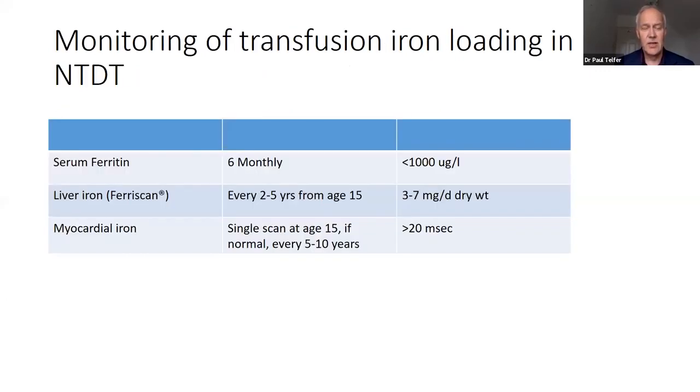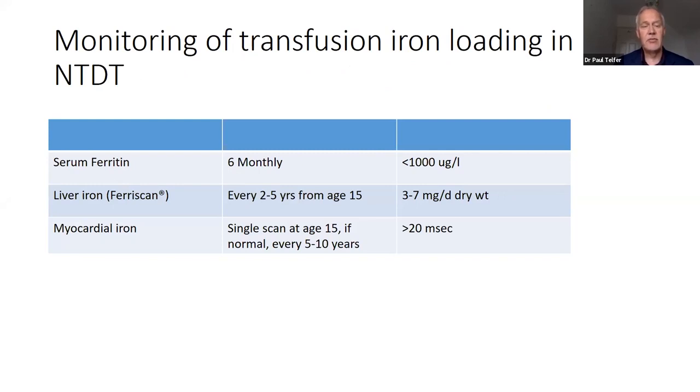Next slide. So in the same way that I gave some guidance on transfusion-dependent thalassemia, this would be the suggestion for non-transfusion dependent thalassemia. Serum ferritin doesn't need to be monitored so frequently, but most of these patients will be having a clinical review every 6 months to every year, and that should include serum ferritin.